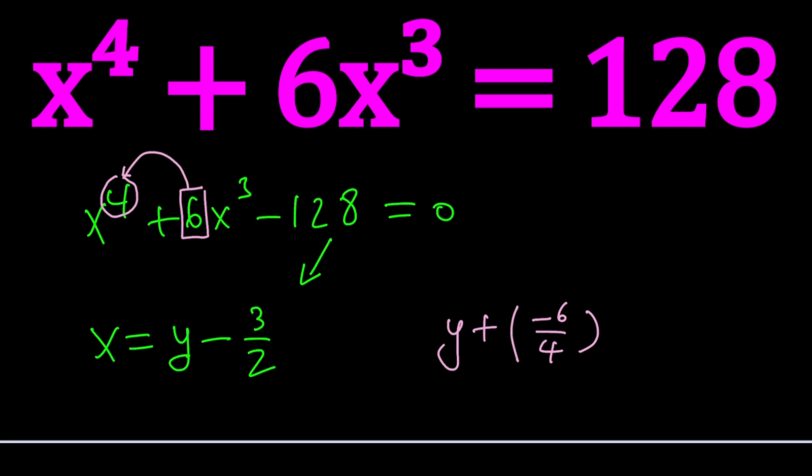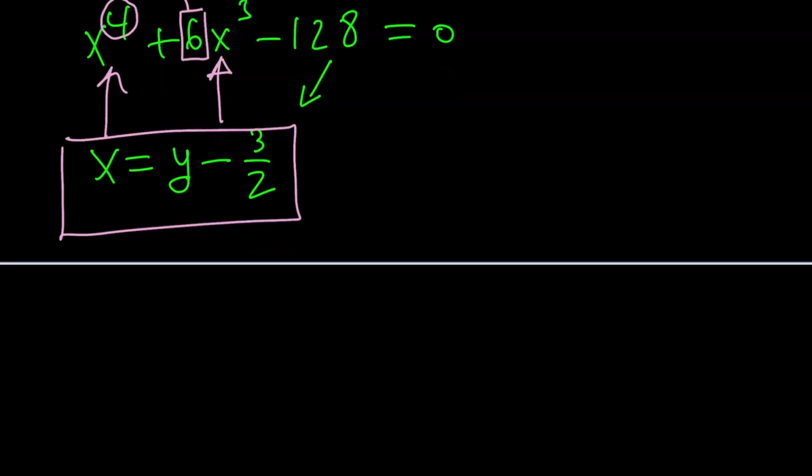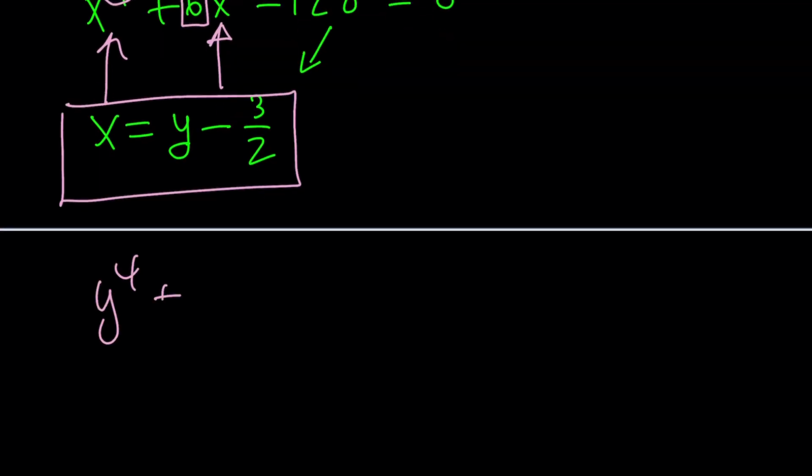Now, what is going to happen if you substitute this into our equation in 2 places? You're going to get rid of the cubic term, which is y cubed. And then you're going to end up with something like y to the 4th plus blah, blah, blah. And you're going to have a y squared. You're not going to have y cubed. You're going to have a y and a constant term, okay?